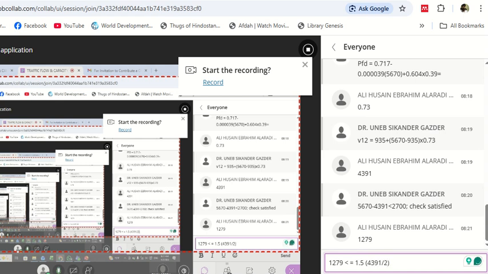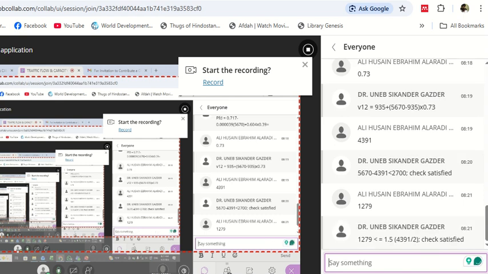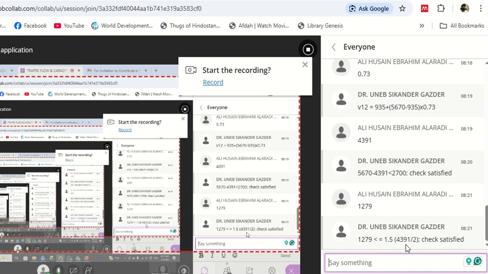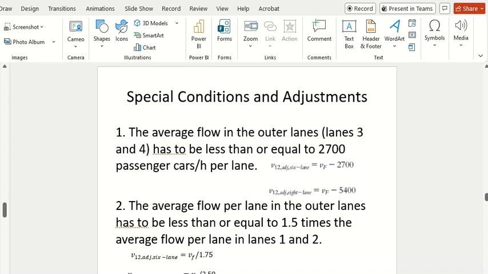How much is 1.5 times that? I believe it will be more than 1279. If I do 4391 divided by 2, I will get 2000 something, and 1.5 times that will definitely be more than 1279. So I am satisfying this check as well, no problem here.